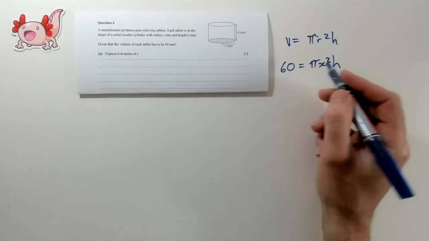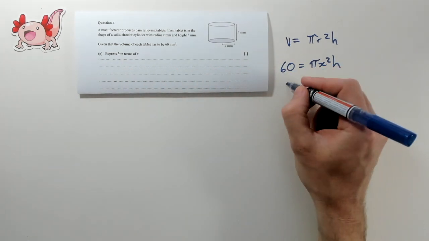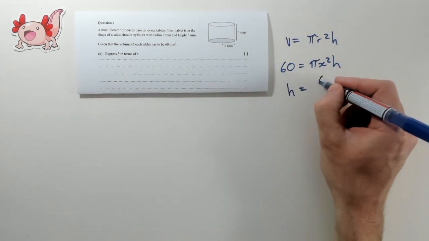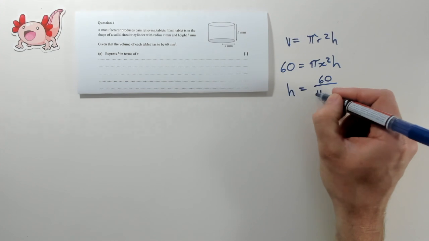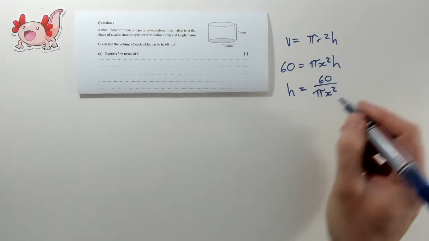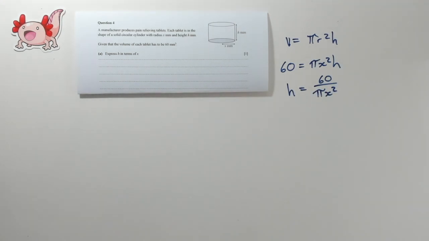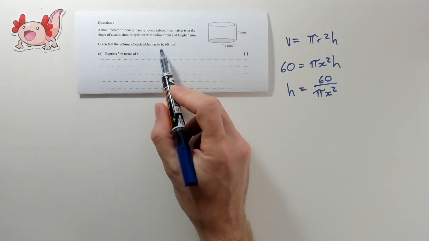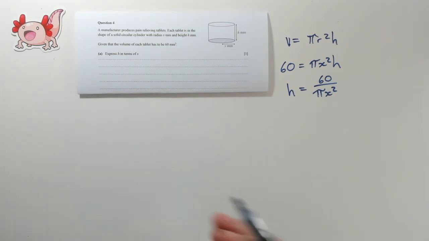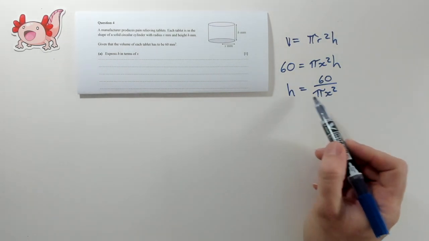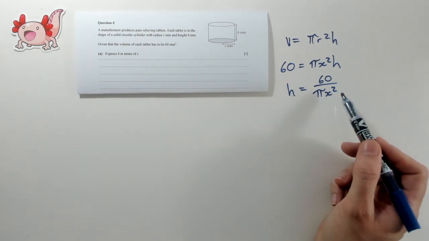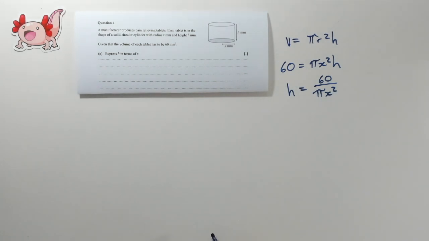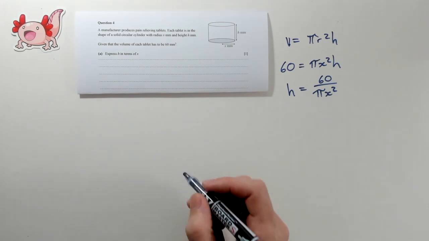They're saying express h in terms of x, so h is just going to be 60 divided by pi x squared. That's nice and simple, and this is the first start. All of these questions are going to have some kind of a restriction, like a volume or a length or an area, and that will enable us to write one thing in terms of another thing. And then next we're going to find out what the surface area is.